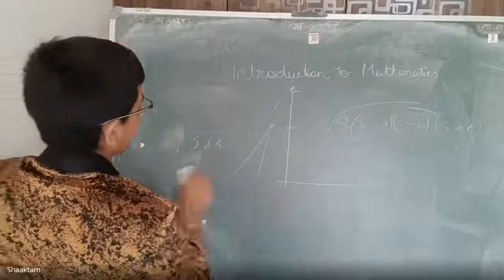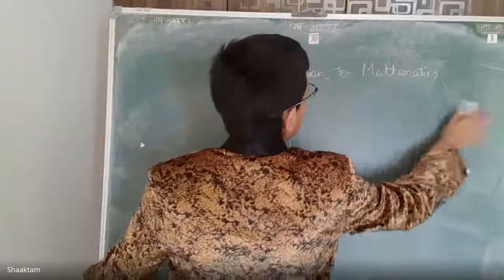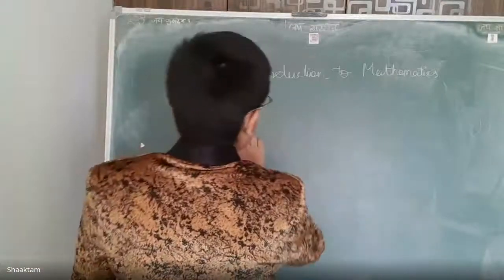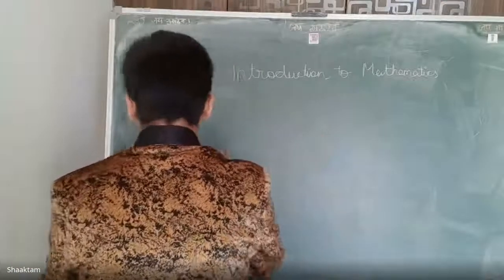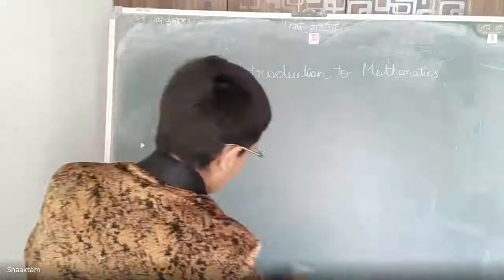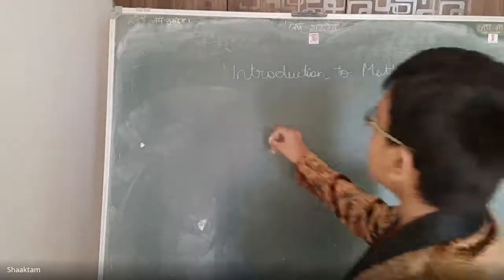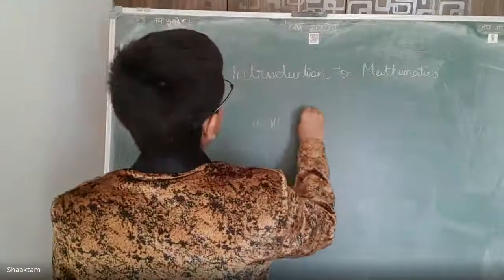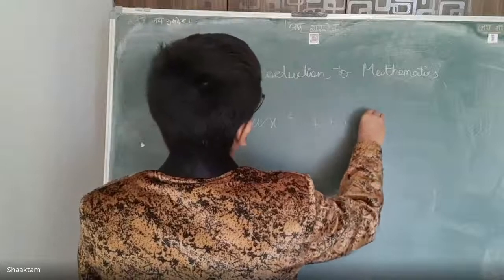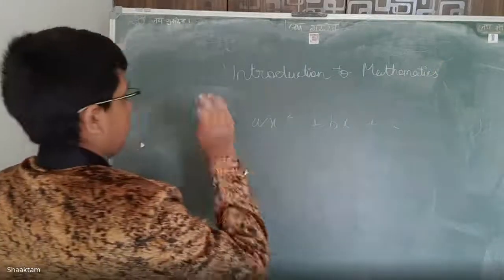So too much of the worksheet now. Let us go on to more about cubic polynomials and the synthetic method of solving quadratic polynomials, or any polynomials for that matter. So we saw that ax square plus bx plus c is the standard form of a quadratic polynomial where a, b, and c are all constants.